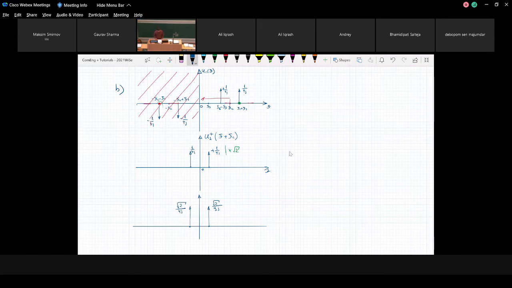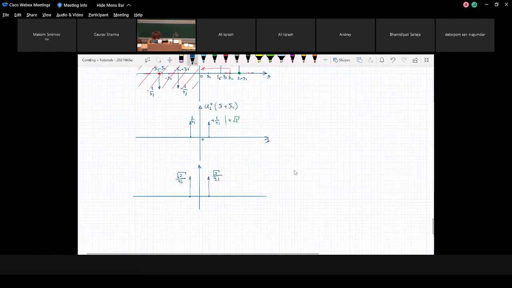So it's our U1, L of F, our signal in the low pass range.